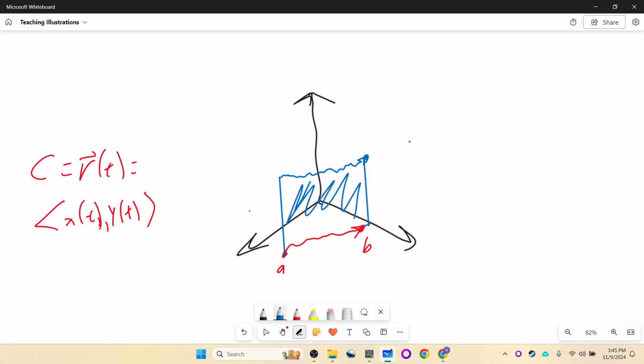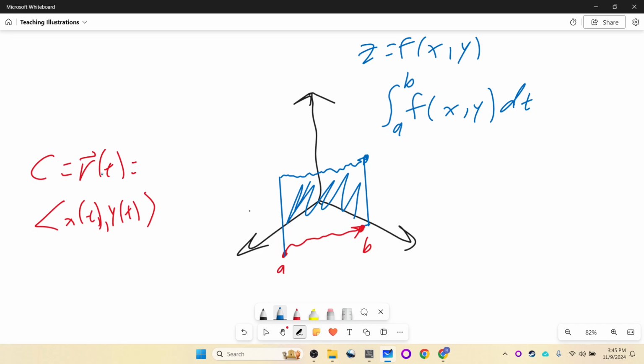And the line integral, so in this case the line integral, where we say z equals f of xy, so z is the height. The line integral of f of xy, and we'll go from a to b of some variable t, this is t, defines the curve, is the area of this curtain.